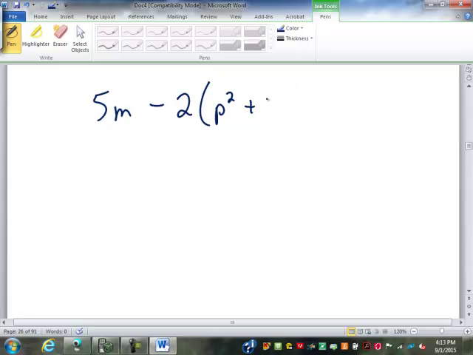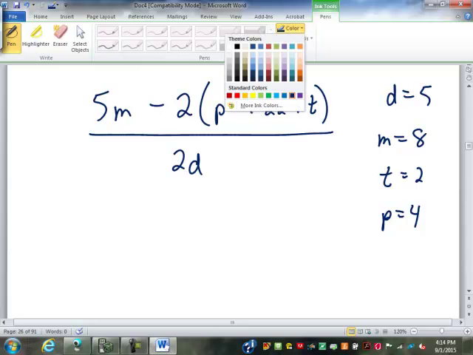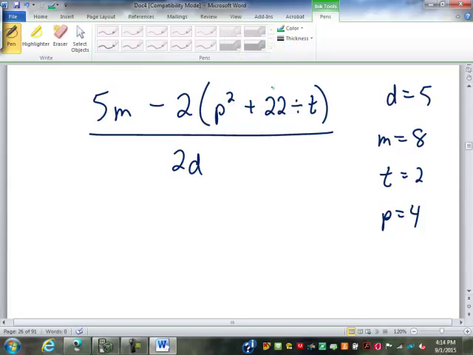Okay, here, let's do... So looking at something like this, if we let D equal 5, M equals 8, T equals 2, and P equals 4, try to evaluate that.